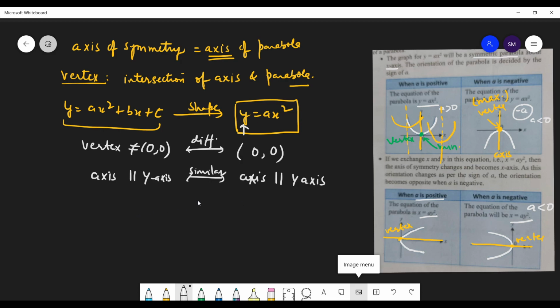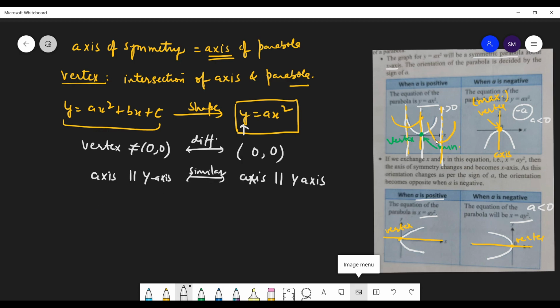So you can see the vertex is changing, but your axis of symmetry remains parallel to the y axis. I hope this is clear to you, students.